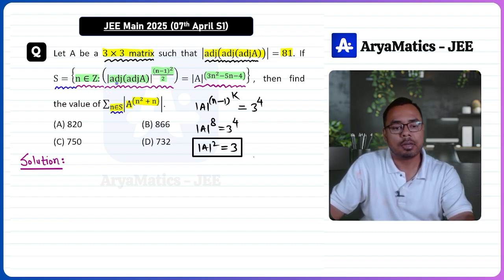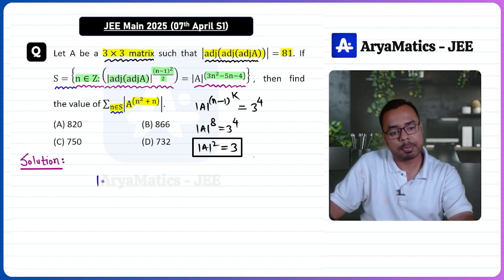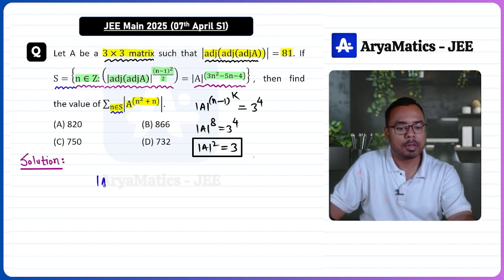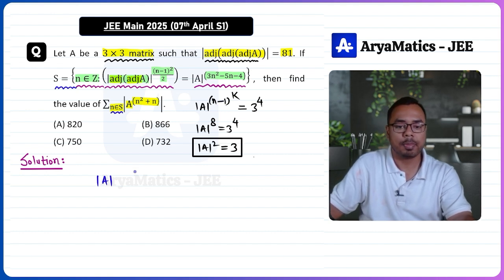For that, again, we are going to use the same formula for determinant of adjoint of A. So this will be determinant of A raised to n minus 1. Now because n is 3, n minus 1 will be 2. And here we have adjoint 2 times. So if I use this formula, n is 3 and k is 2, right?